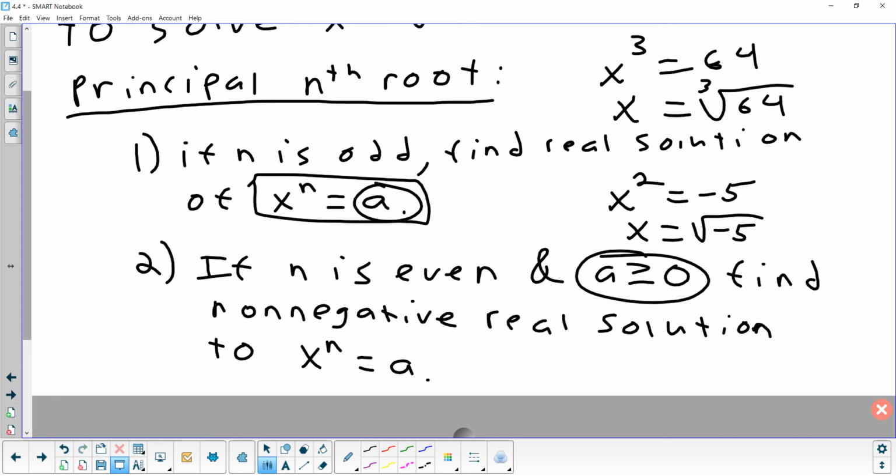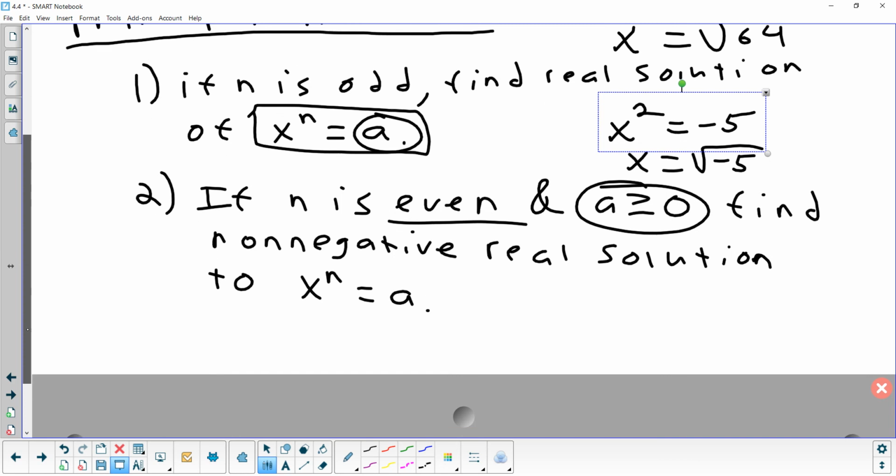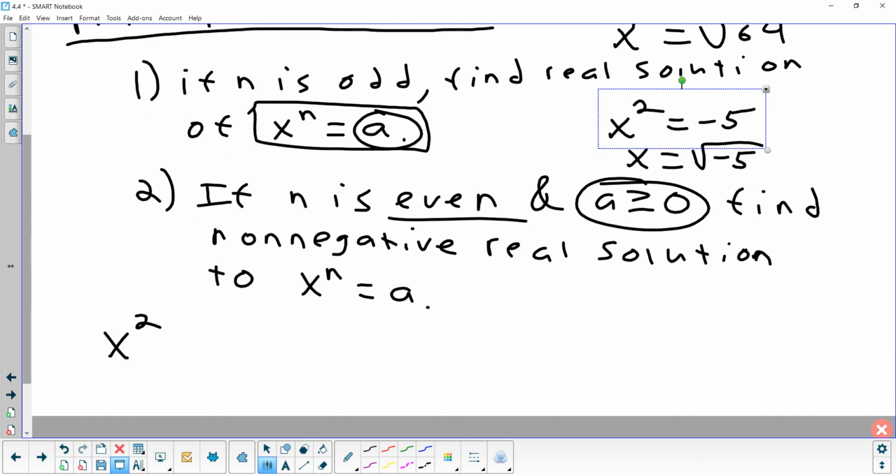And that's not just true for a square root. It's true for any even root. Square root, 4th root, 6th root, 12th root, any even root. So let's look at one we could actually do. Let's say x squared equals 36.